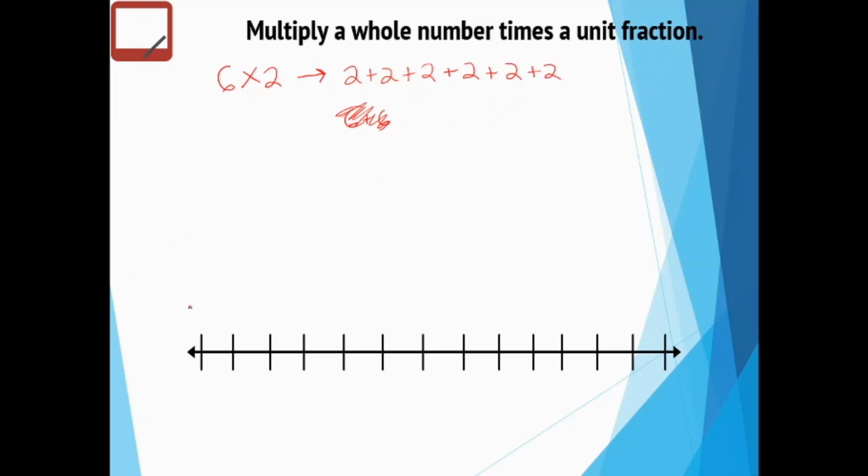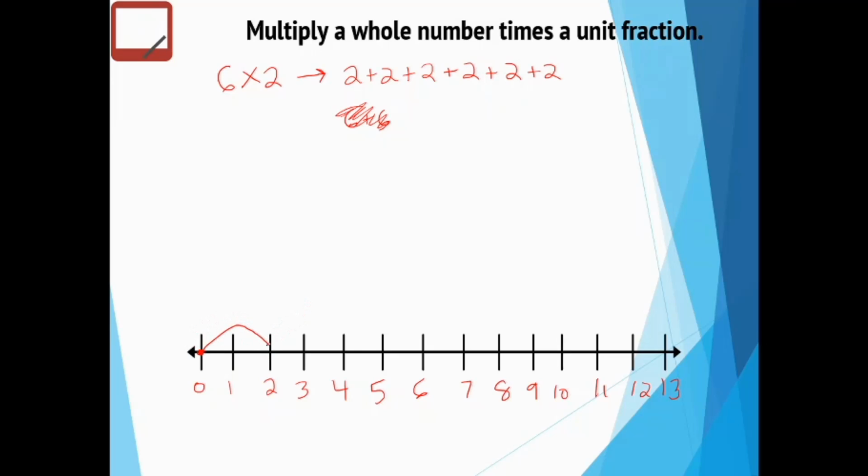Well, another way to visualize this would be to show this on a number line. So if I have 0, 1, 2, 3, 4, 5, 6, 7, 8, 9, 10, 11, 12, 13. Okay, so if I show this, we've got 1, 2, 3, 4, 5, 6 2's, right? And we know this because it is 6 times 2. So 6 2's. So we're going to look at the 6 jumps and find our answer.